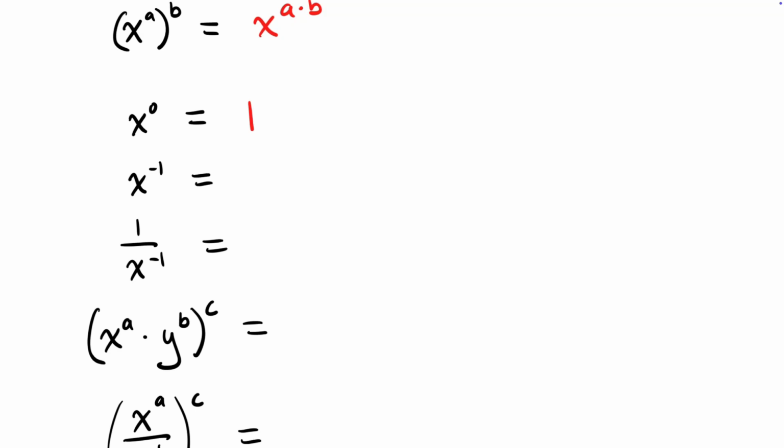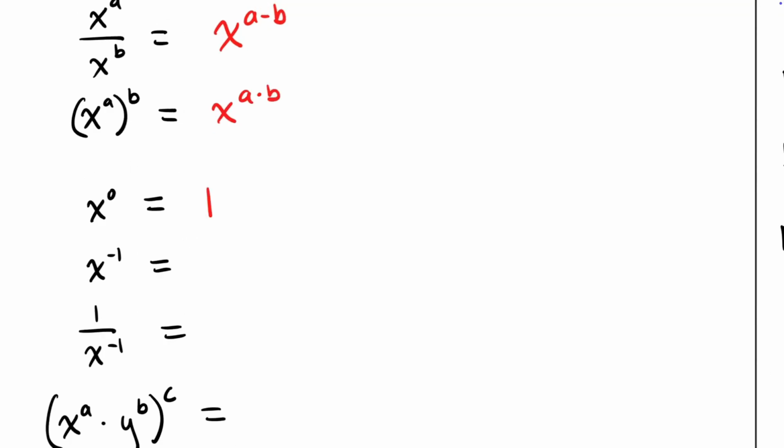Let me give you guys an example on the side that I'll erase in a sec. What if I have 2 to the power of 3? Do we know 2 to the power of 3 by heart? It's a perfect cube that's on my wall. It's 8. What about 2 to the power of 2? 4. What's 2 to the power of 1? 2. And let's pretend for a sec we do not know 2 to the power of 0.